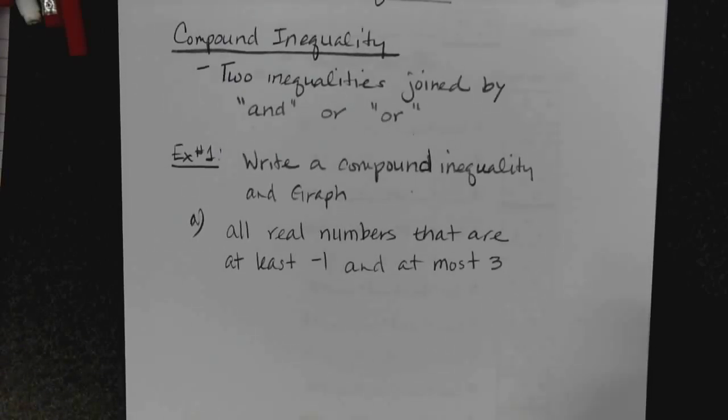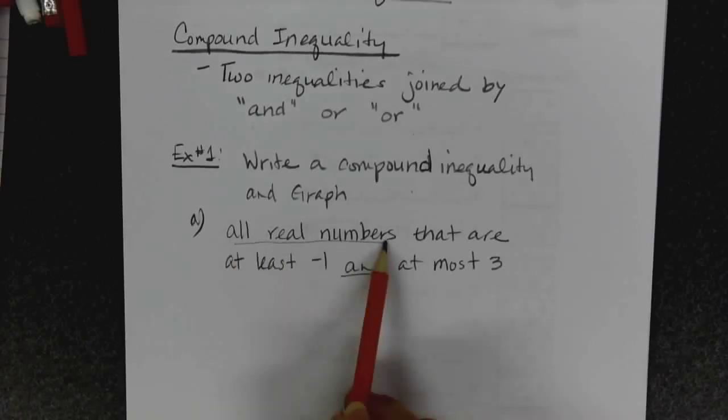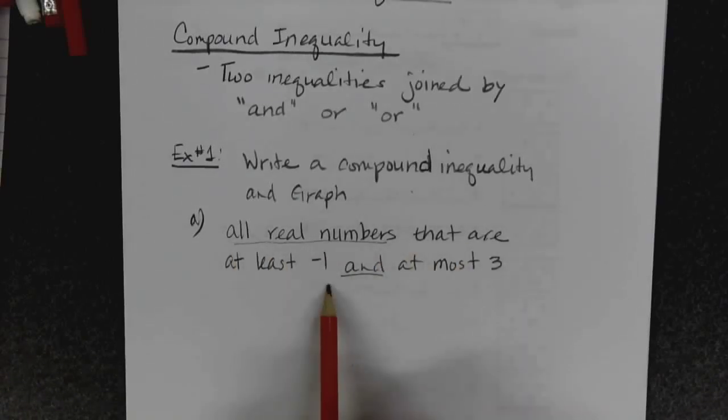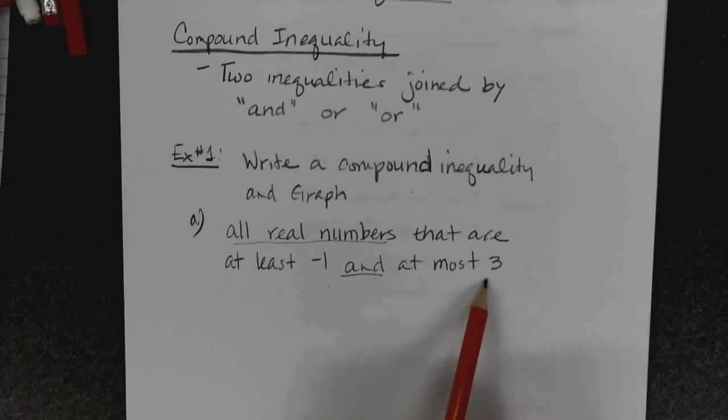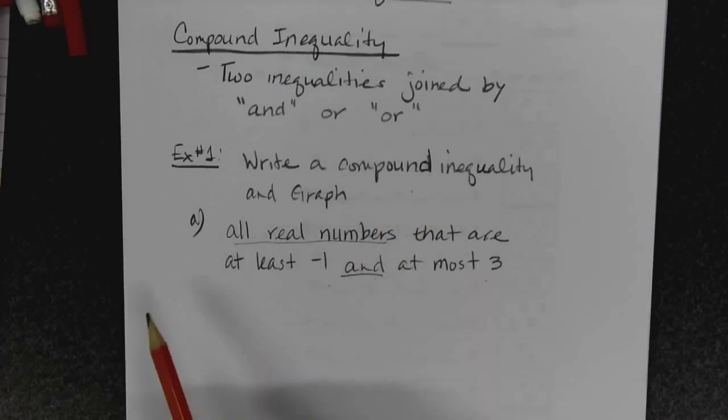So this is what this would look like. First of all, this gave me a hint that this is an and compound inequality because they use the word and. I want all numbers that are at least -1 and at most 3. So the minimum is -1 and the maximum is 3, and the numbers have to be between them.